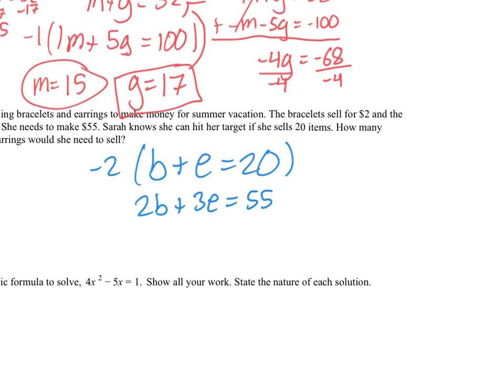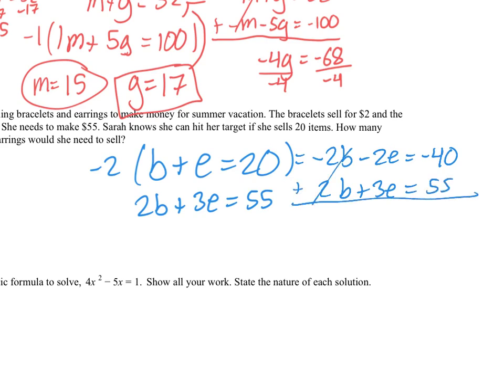So I'm going to get -2b minus 2e equals negative 40. And then I just bring these guys over. Add these together. So these will cancel.